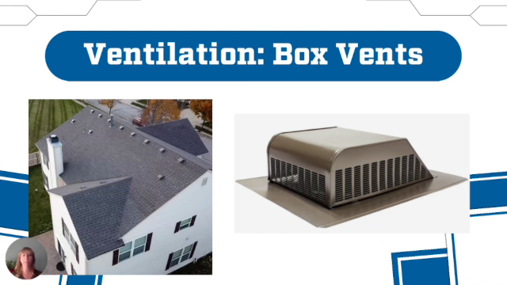They provide the same type of ventilation, more or less, that a ridge vent would. It's just maybe not as attractive looking. If you don't have the right number of those vents, you're definitely running the risk of not having enough ventilation on your roof. So make sure that you talk to your roofer about the venting of your roof.